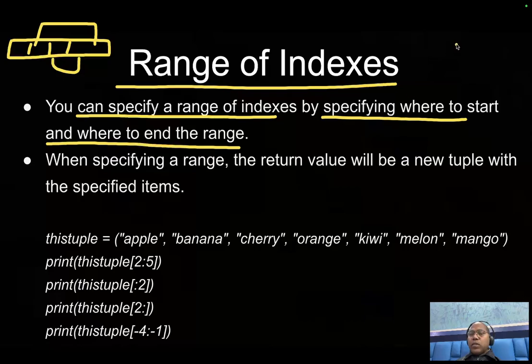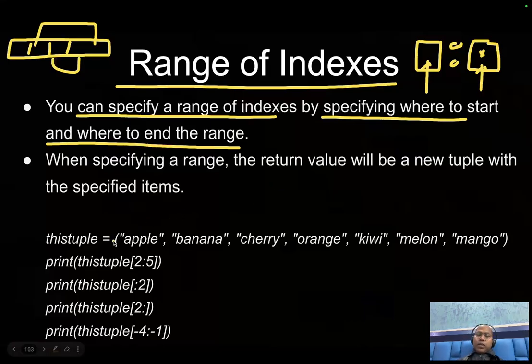Whenever you specify an index range, you have to specify the starting index, from where you want to include, and the end index, till where you want to go. Note that the end index is excluded. So here you can get the values.